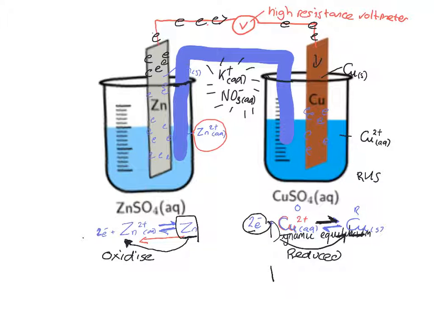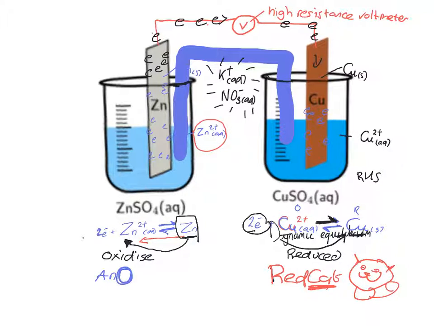So if you remember red cat, that reduction is taking place at the cathode. It follows, therefore, that oxidation is occurring at the anode, so the anode is where you're getting oxidation.